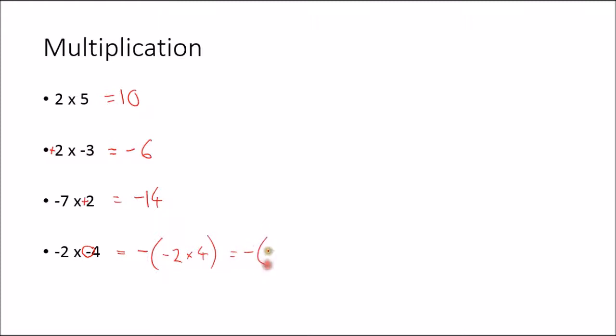Now that is -8, and you could see from some of our previous examples that -8 is 8 steps to the left, but the negative sign in front of it is reversing this sign, so we would in fact be going 8 steps to the right.